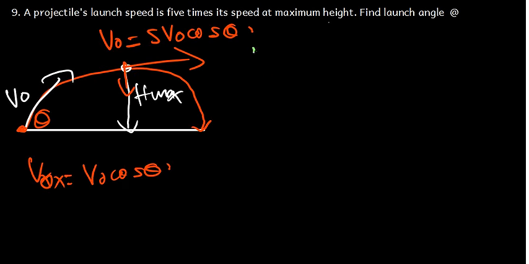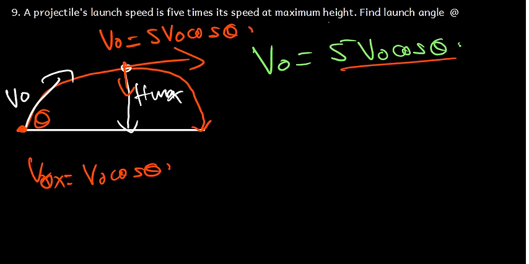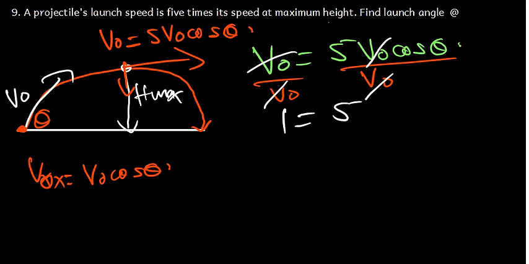We can divide both sides by v initial, so these cancel and we remain with 1 on the left hand side. We have 1 equals 5 cos theta. I divide both sides by 5 and see that cos theta equals 1 over 5.